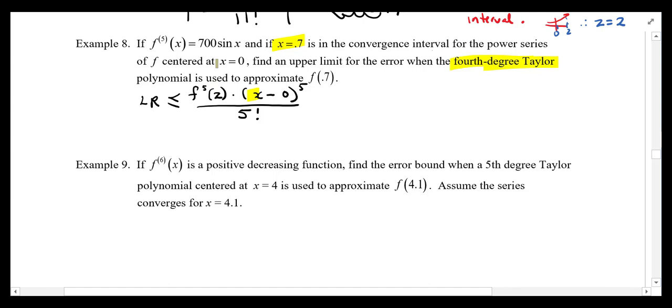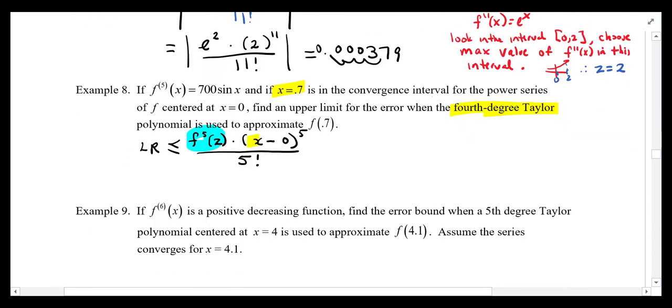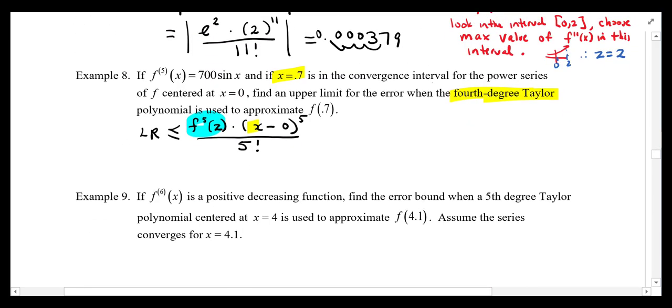The tricky part here is what is the fifth derivative of something? And what's the largest this could be? Okay. Now here is where you have some choice. Remember how I told you, oh, sometimes you know stuff like sine and cosine? You could say, hey, this is a sine function here, right? I know that the largest value of sine x must be 1.